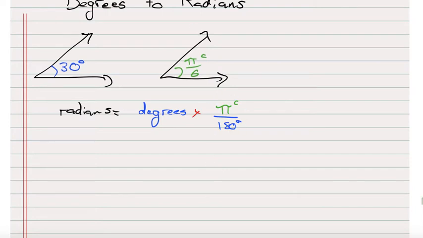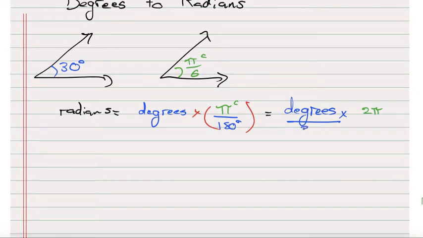So over here, in the red, this is the general conversion to go from degrees to radians. But why is that the case? We'll consider simply degrees, times 2 pi, and then put the 360 over here.